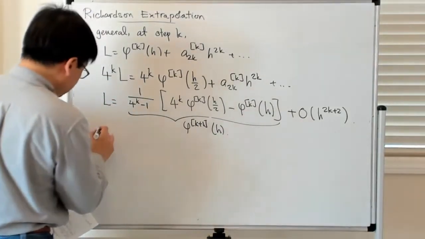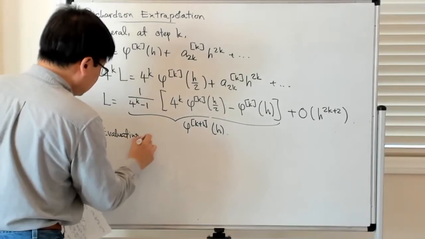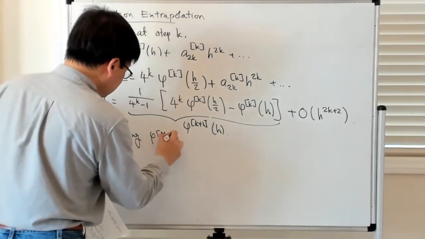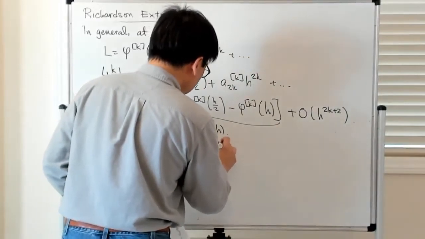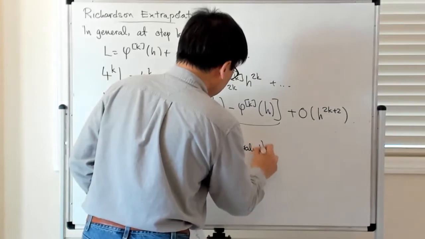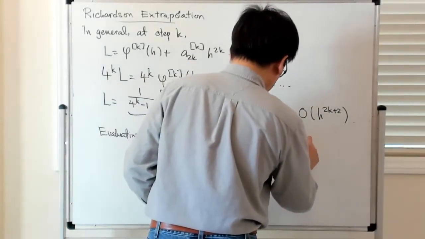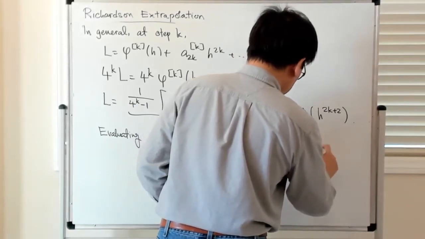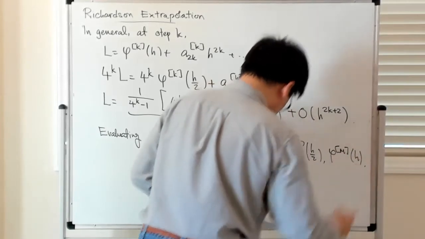So evaluating phi m plus 1 h involves evaluating phi m h over 2 and phi m h.